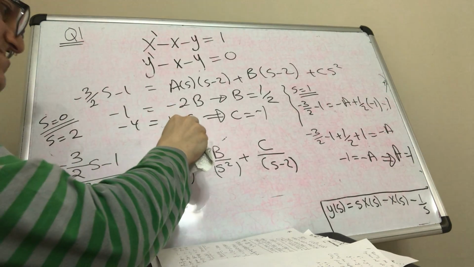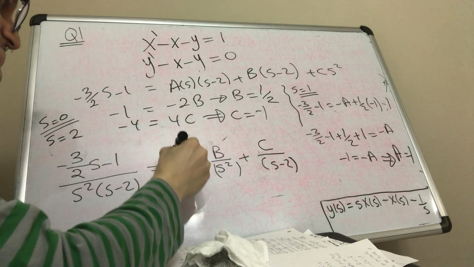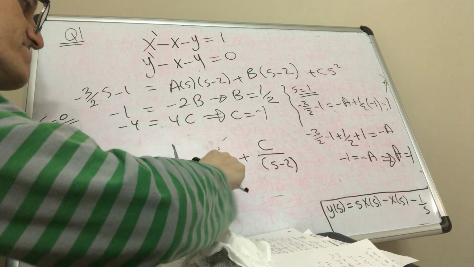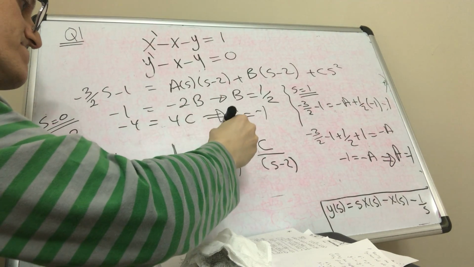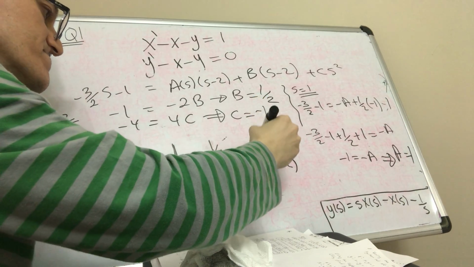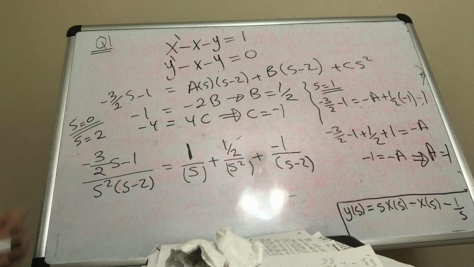Since a is 1, b is half, and c is minus 1.